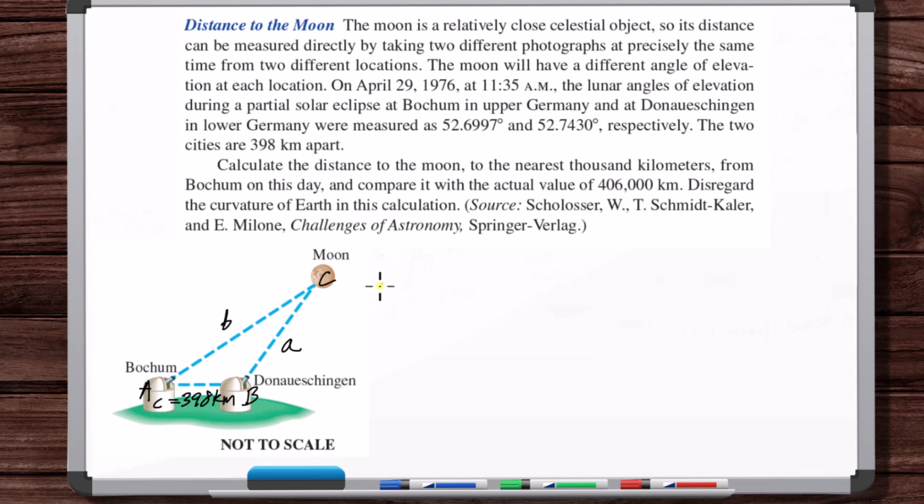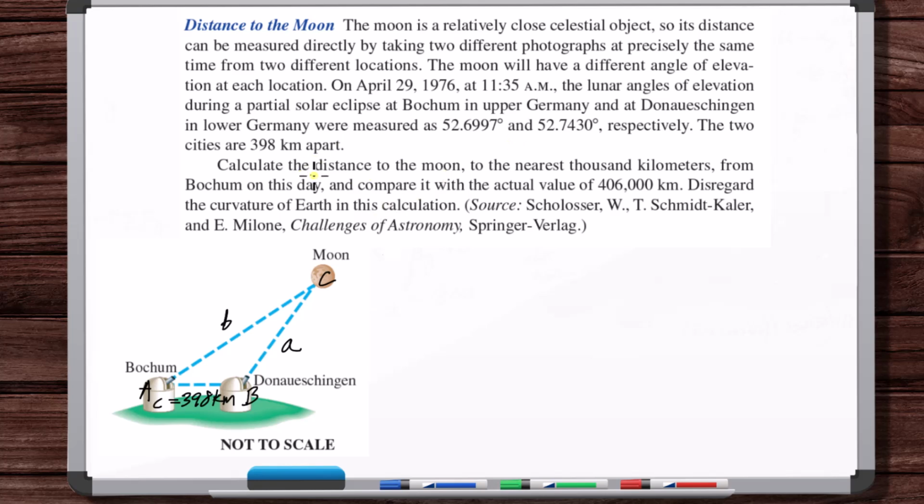Okay. Now, let's see, what other information do we have? The lunar angles of elevation from Bochum and Donaueschingen were measured as shown here.